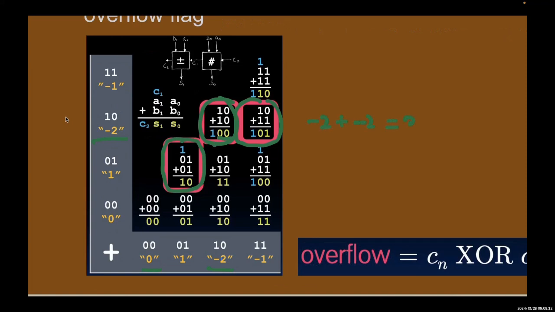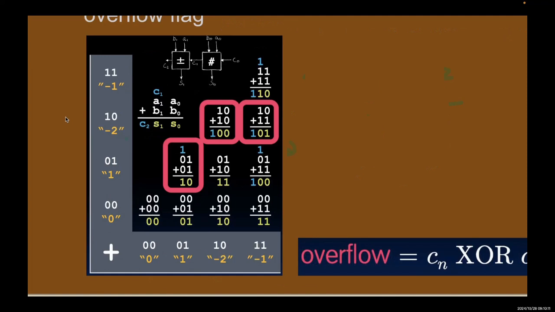And here is -2 plus -1. It gives 0, 1, which is 1, and it's the wrong answer. But for this, -1 plus -1 is -2, and 1, 0 is -2, which is the right answer. So only the 3 red ones are wrong. Is that clear? Yeah.